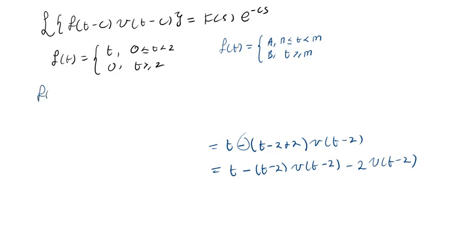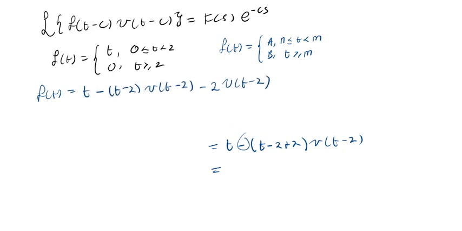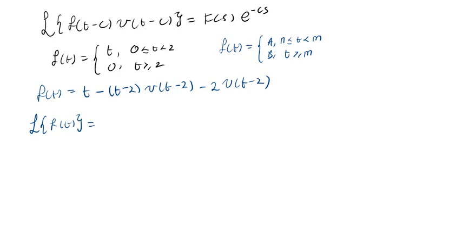So our f of t has turned out to be t. This is really going to save my time. Let me just copy it and place it right here. So the Laplace transform of our f of t is just going to be 1 over s squared.